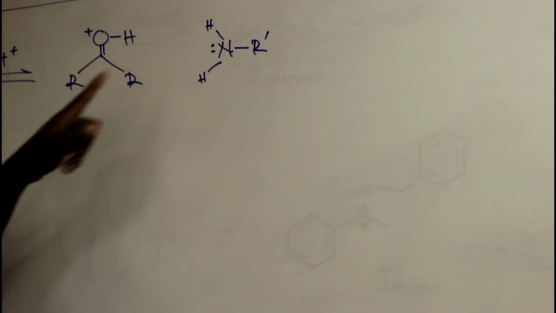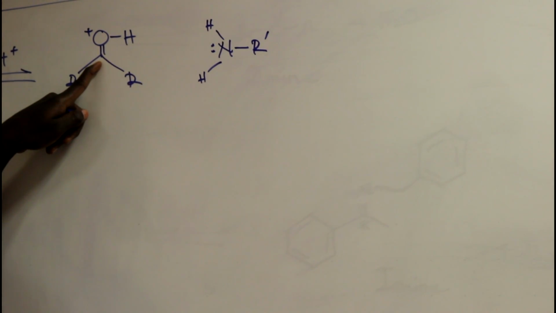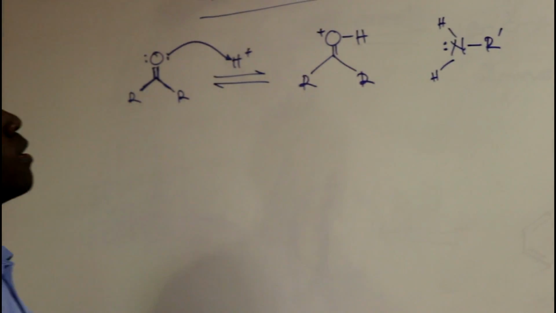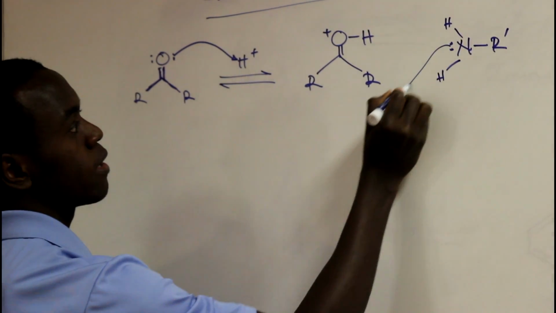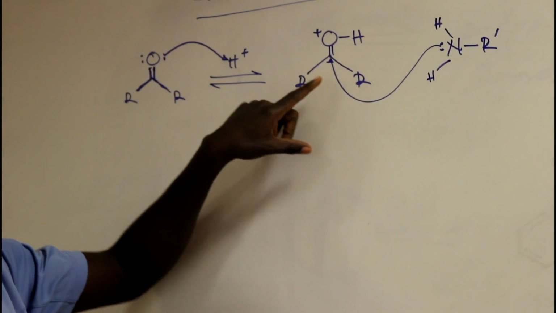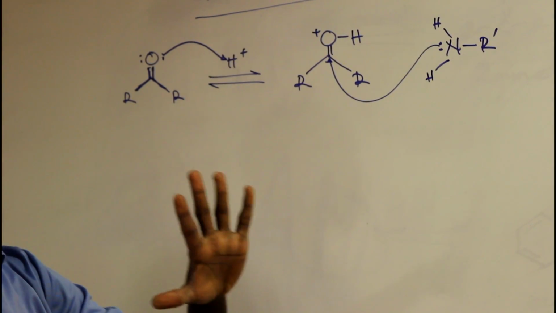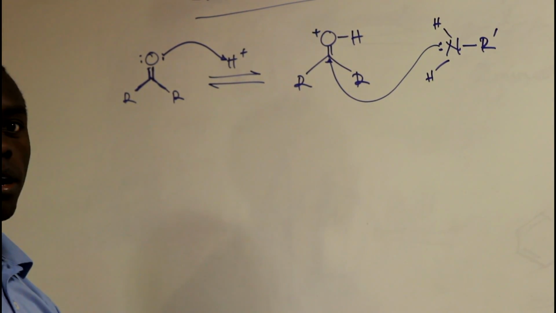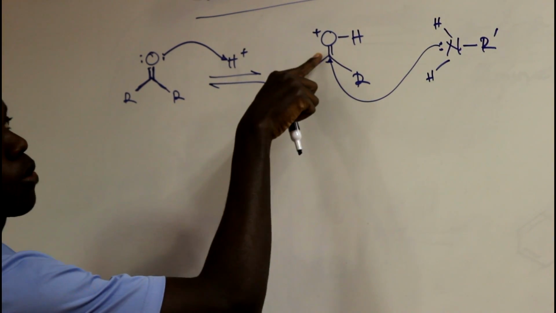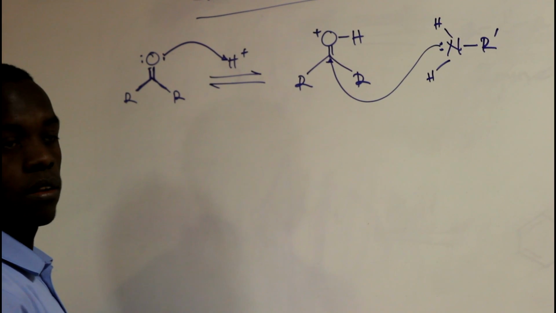These lone pairs are going to attack the carbon that's bound to the oxygen, because that carbon is partially positive due to the electronegativity of the oxygen. Binding of the lone pairs to this carbon will create 5 bonds on this carbon. Remember, carbon can have a maximum of only 4 bonds, so it has to lose one of the 2 bonds with oxygen.